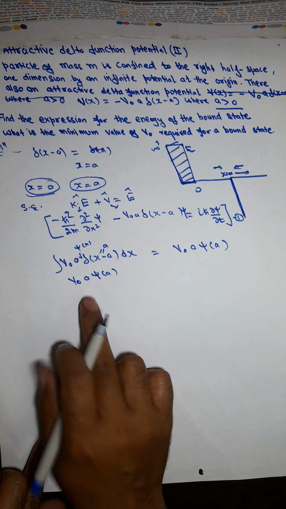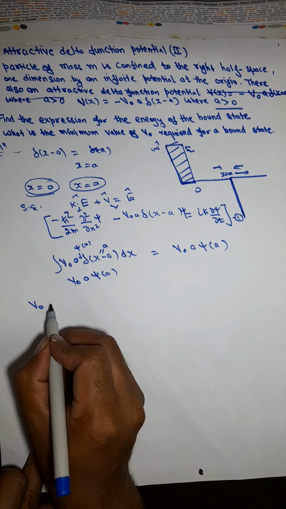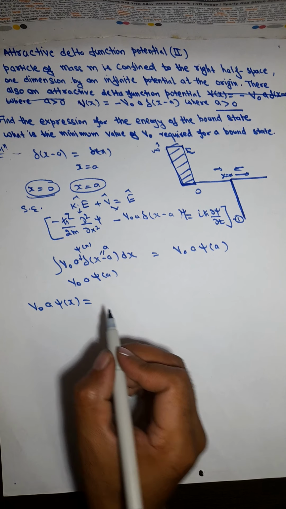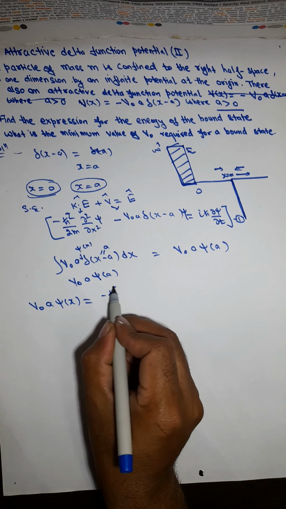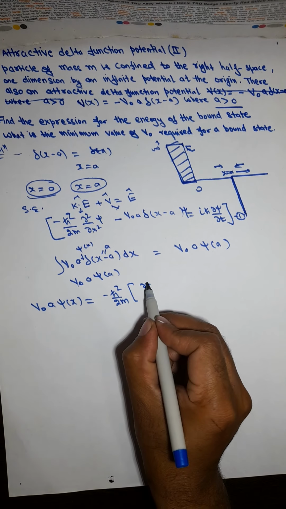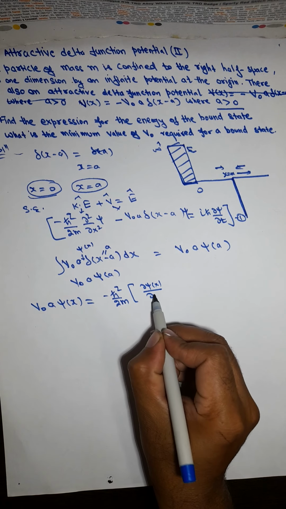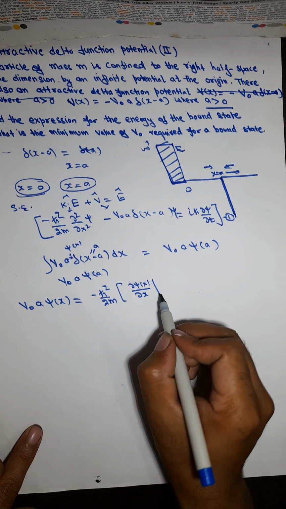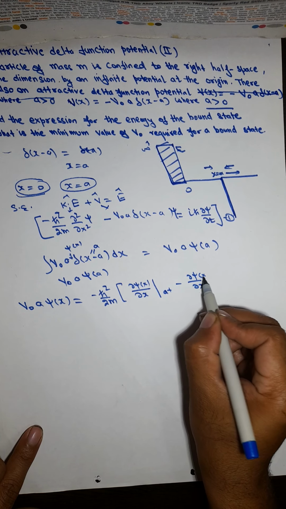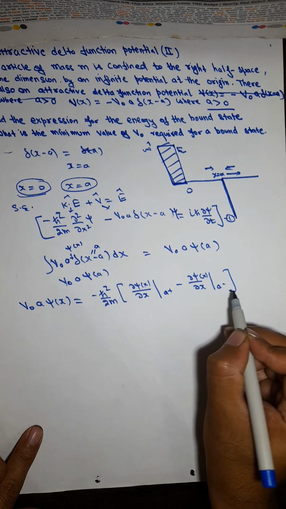So this is equal to V0 a times psi of a, equal to minus h-bar squared divided by 2m times the difference of d psi/dx at a plus and d psi/dx at a minus.